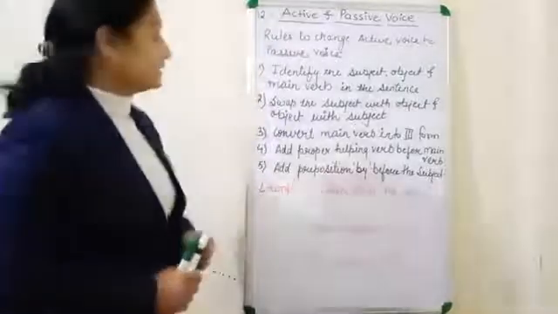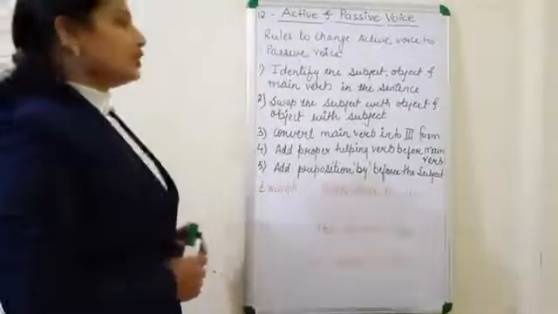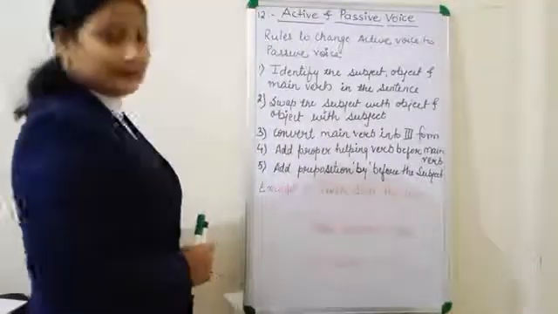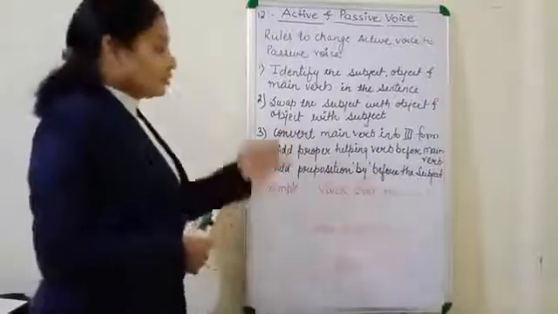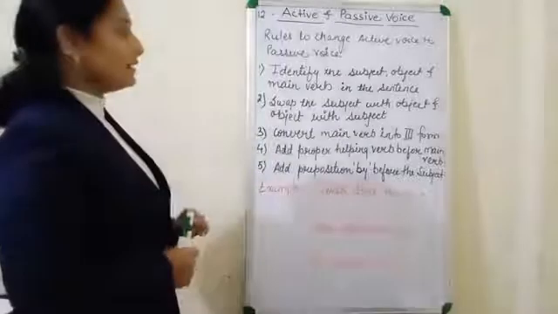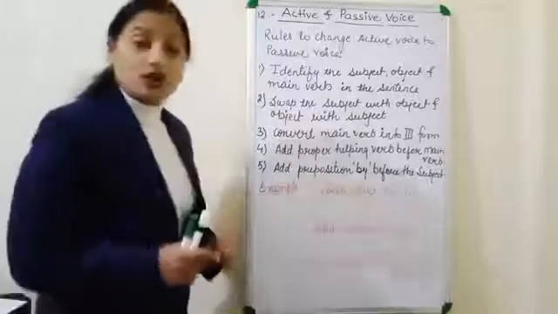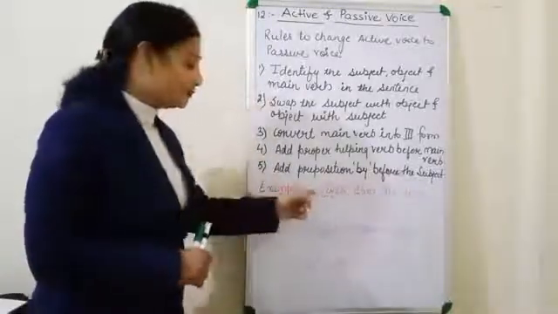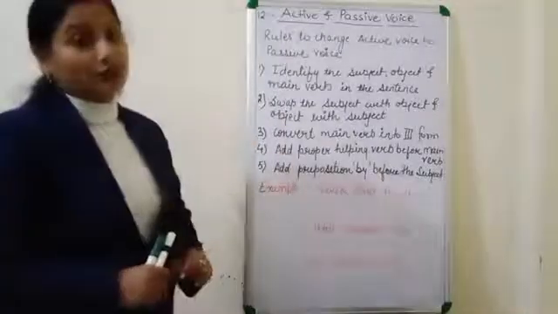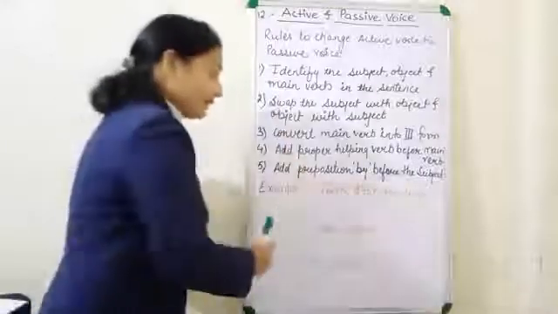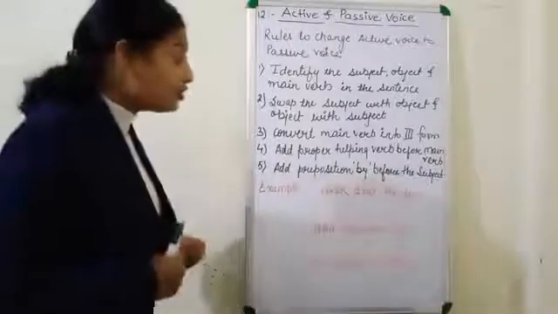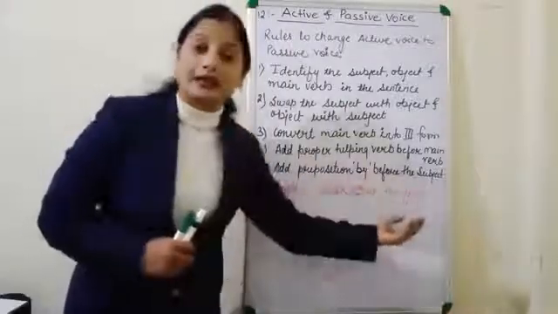Rule number 1 is identify the subject, object and main verb in the sentence. Clear? Along with the example, we'll see all these points. Suppose the example is Vivek shut the door. Now children, see, here we have given importance to Vivek, and we are showing that Vivek is doing something.